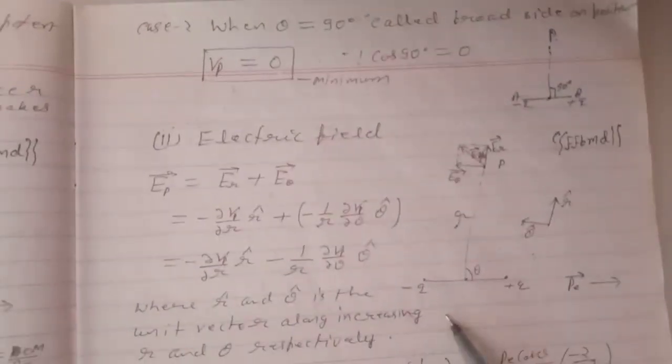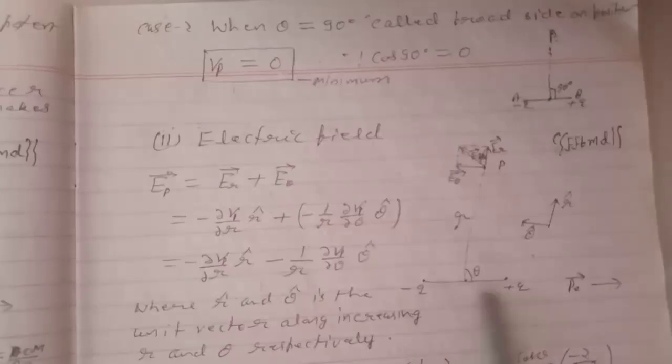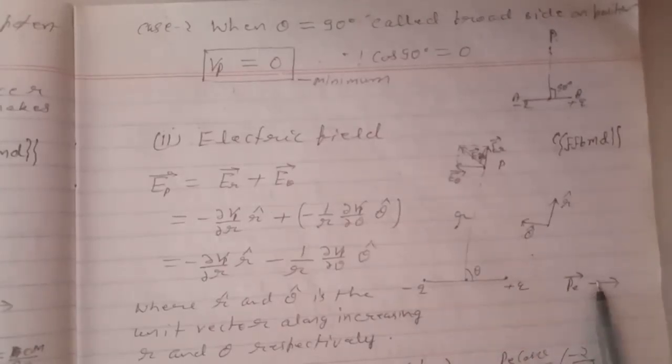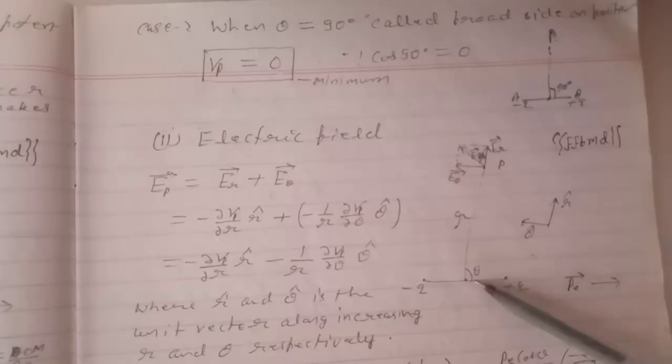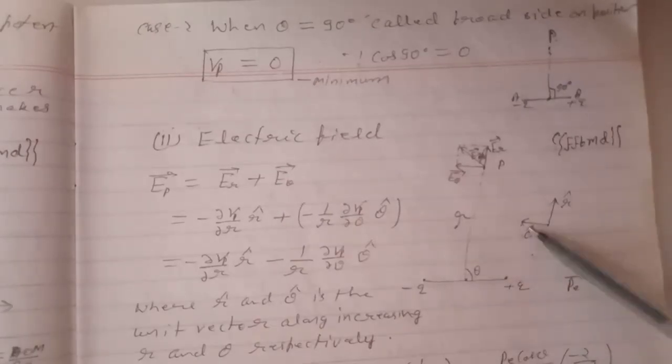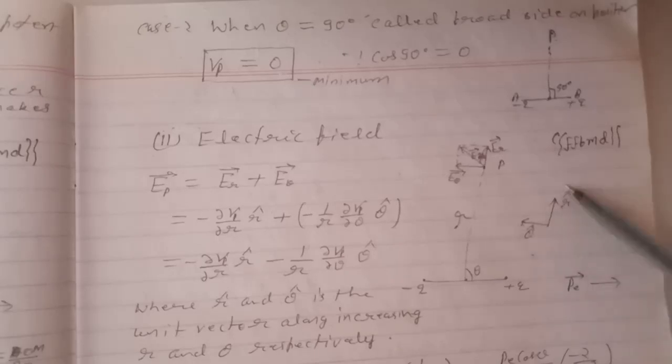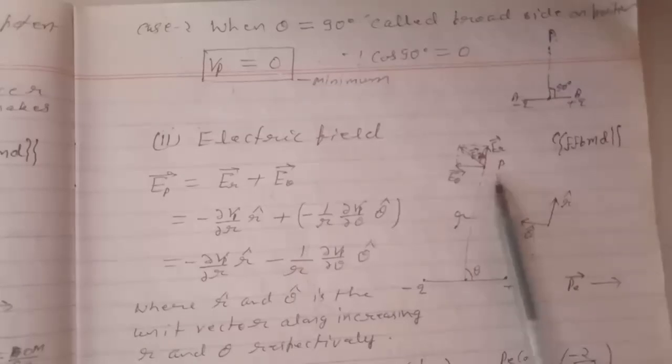Now to calculate the electric field, we see here a dipole with minus q and plus q charges, and its direction is in this direction. This direction shows the direction of increasing theta, theta cap, and this direction is the direction of increasing r, or r cap, that is the radial direction, and this is the theta direction.